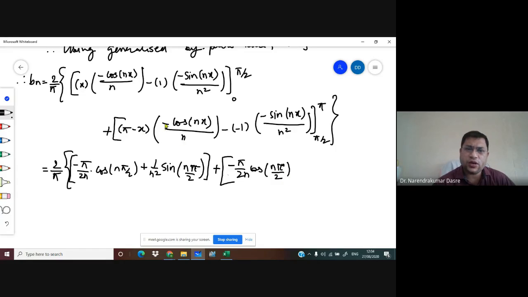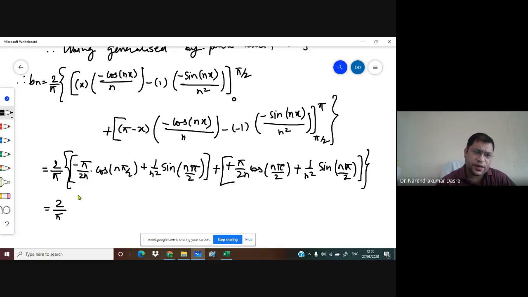But you are using lower limit, so this minus minus will become plus. Okay. Then this minus minus minus, and you are using lower limit, so it will become plus. So we have 1 upon n square and sine of n pi by 2. Okay, so let us simplify this.